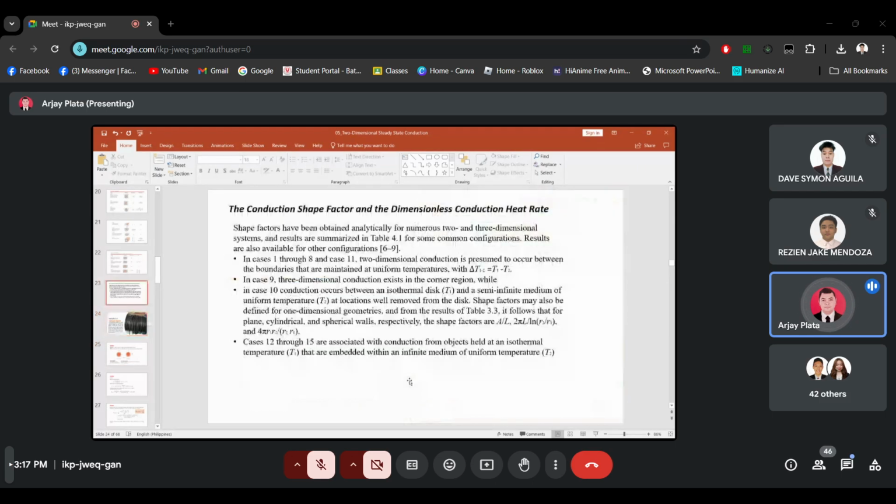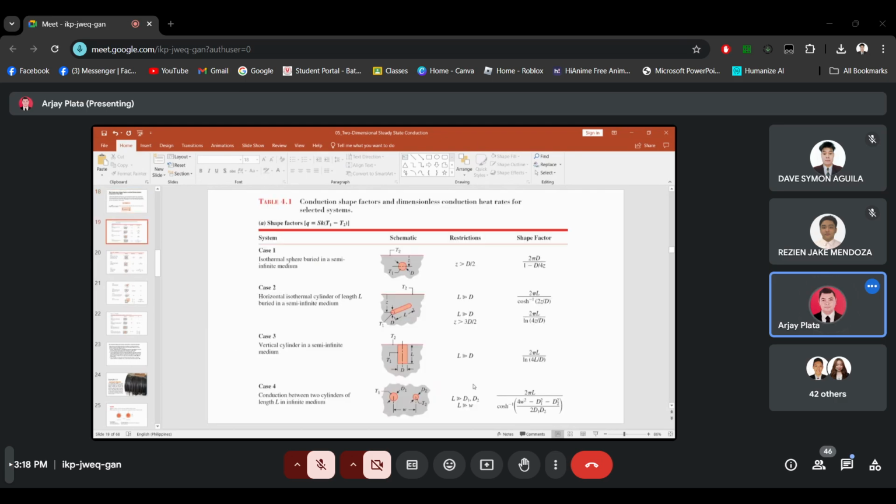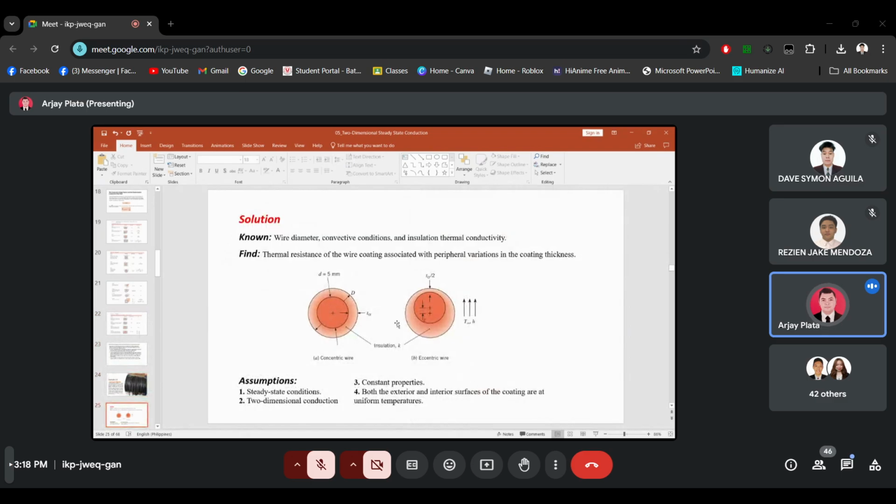For thermal resistance, we have this formula, the thermal resistance with shape factor S. If we calculate the thermal resistance for perfectly placed insulation, we will use the original formula for thermal resistance.